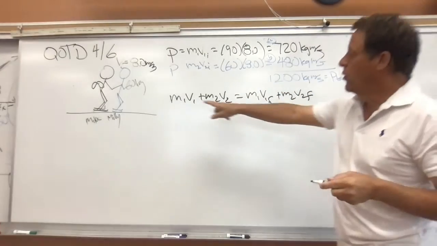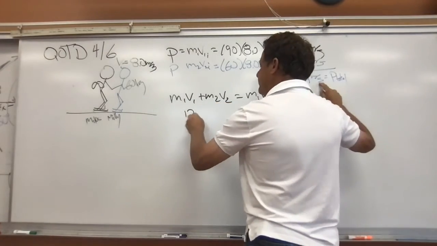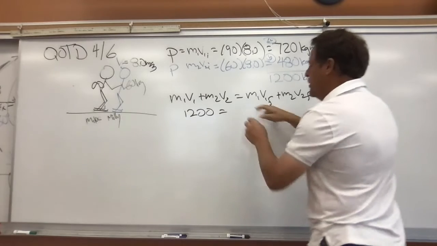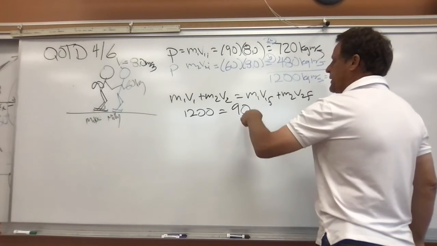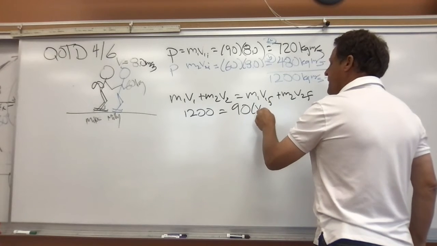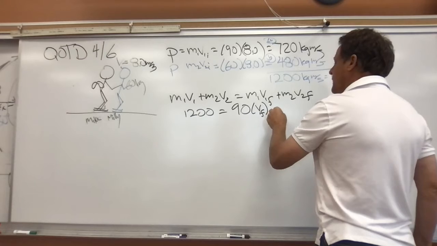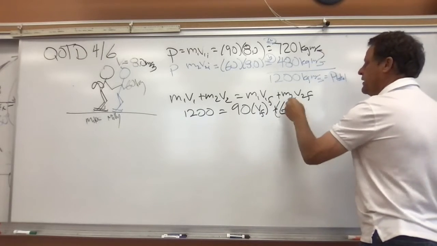We know that this right here is 1,200, and the mass of Mike is 90, times v1 final, plus 60.